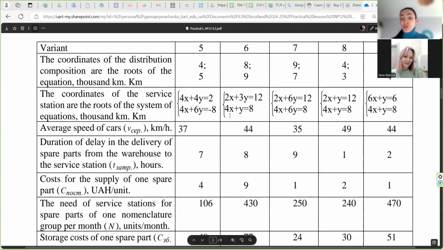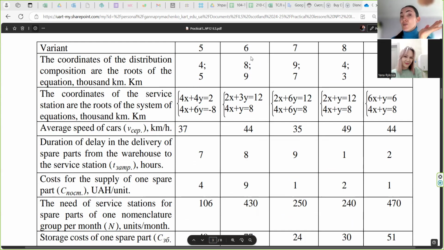So please write these parameters on your paper or somewhere. We need to find the distance. First, we need to find the distance in 1,000 kilometers between our point A, our warehouses. For example, for variant 6, we find this information. For point A, for our warehouses, we write that the coordinates are 8 and 9.